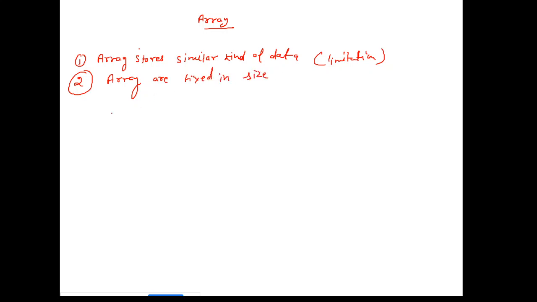Right? So suppose you defined an integer type of array. The first restriction is similar kind of data, meaning it can store only a single data type. Suppose you want to store the roll number of a student: roll number is equal to new int, and here you define the size, right?